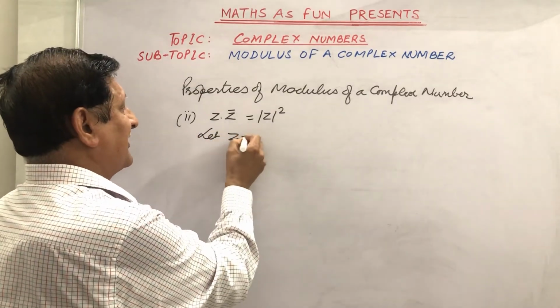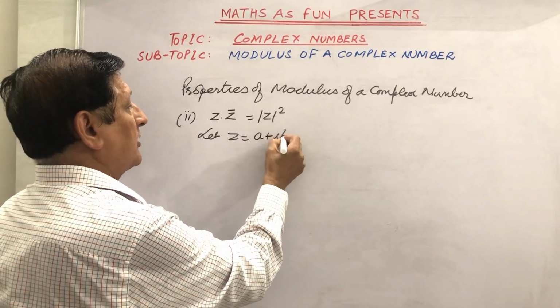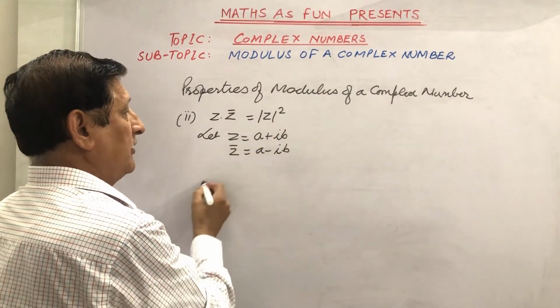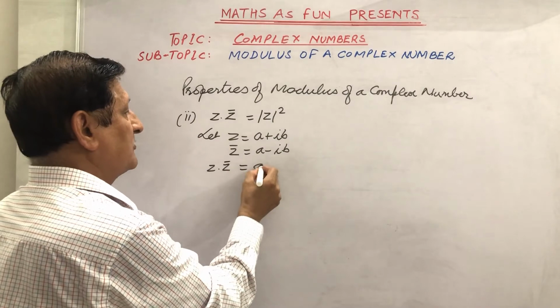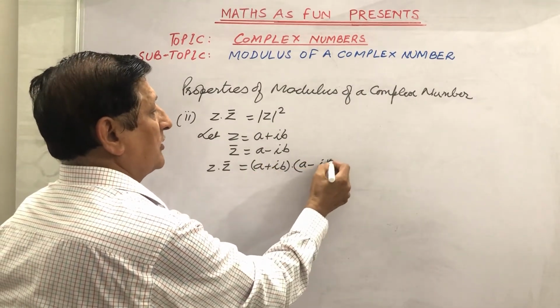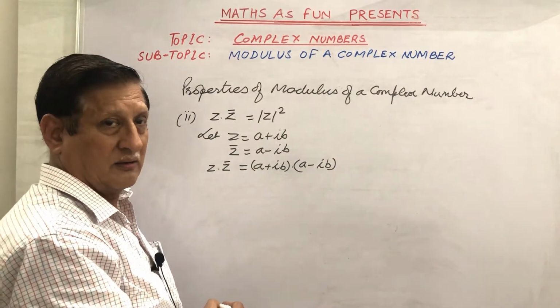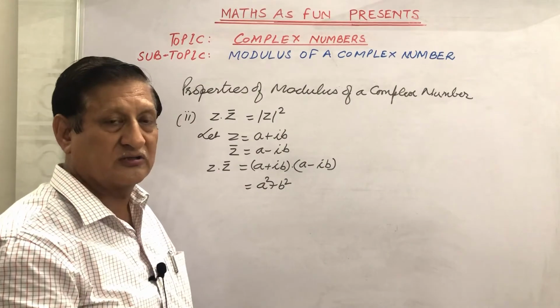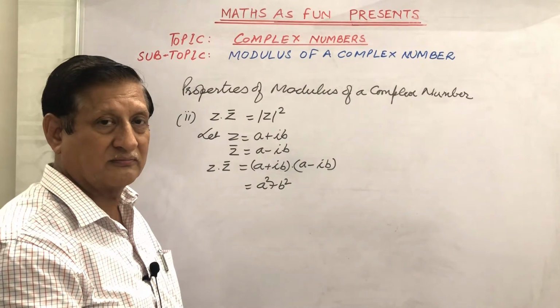Let z be a plus iota b. We know that z bar is a minus iota b, and then z into z bar is equal to a plus iota b into a minus iota b, and that we know is equal to a square plus b square. We learnt in the previous video.